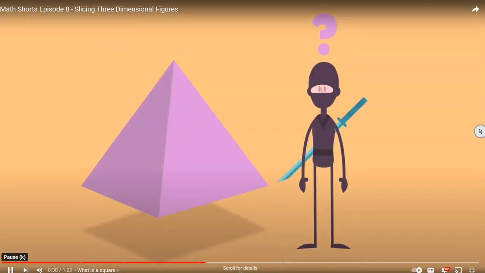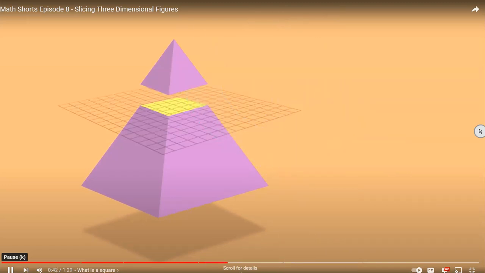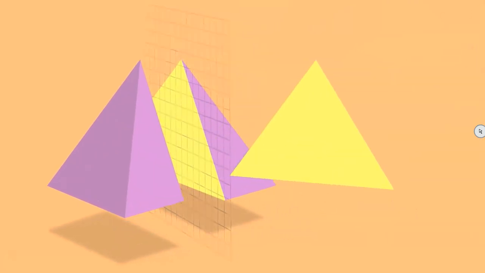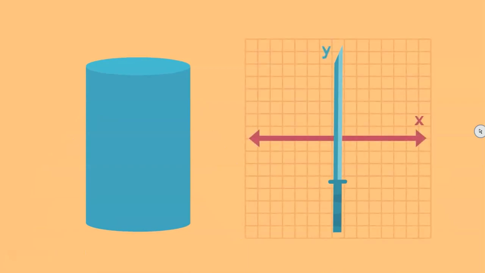What happens when you slice a square pyramid? If you slice across the pyramid with your plane parallel to the pyramid's base, the cross-section is a square. If you slice with your plane perpendicular to the pyramid's base, the cross-section is a triangle. Remember, you're slicing a solid, three-dimensional figure with a geometric plane. You can slice in any direction.